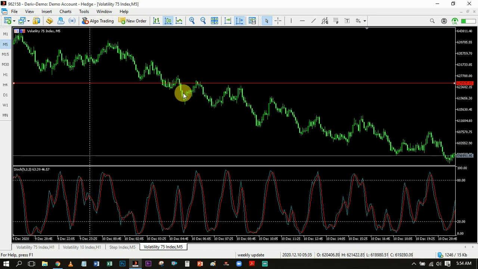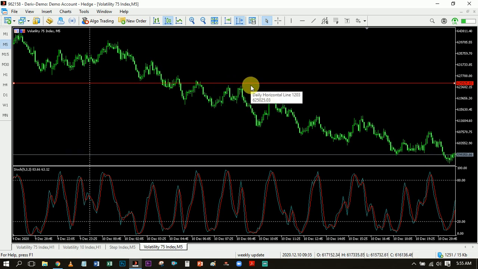When the market dropped, you notice that it came and retested this level. It still dropped, retested, dropped, retested. So around this level you can see it formed a double top.